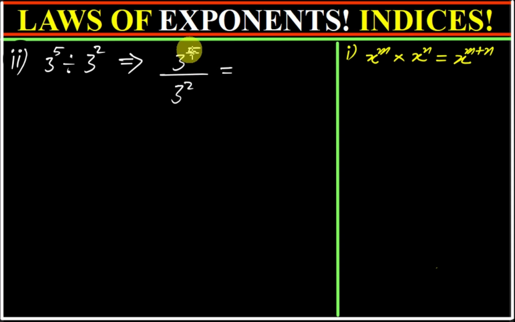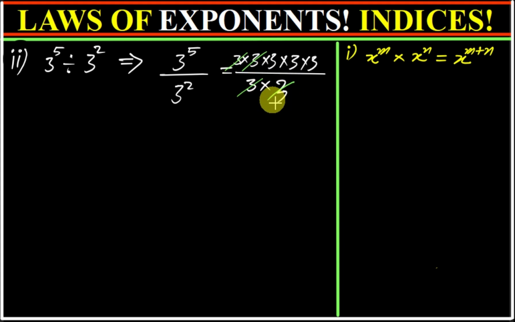Now 3 raised to the power 5 means this 3 is multiplied repeatedly 5 times. So 1, 2, 3, 4 and 5. And 3 raised to the power 2 means this 3 is multiplied repeatedly 2 times, like this. Now this 3 will cancel, this 3 will cancel.